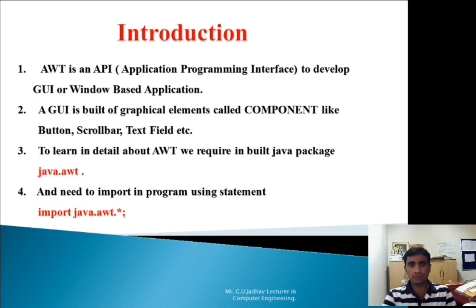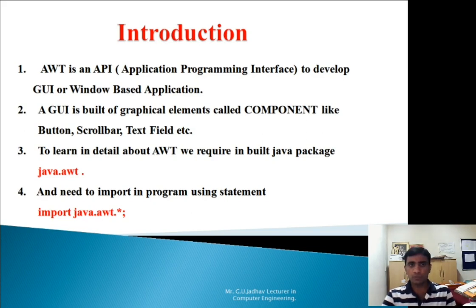In general terms, I can say API is nothing but functions. So AWT is an API, and that API contains different functions to develop a GUI, graphical user interface, or window based application.